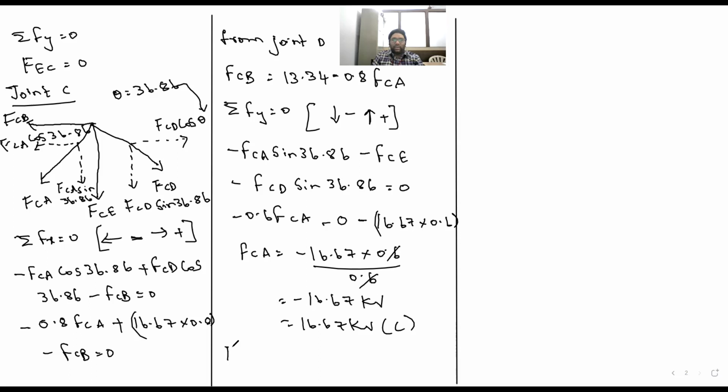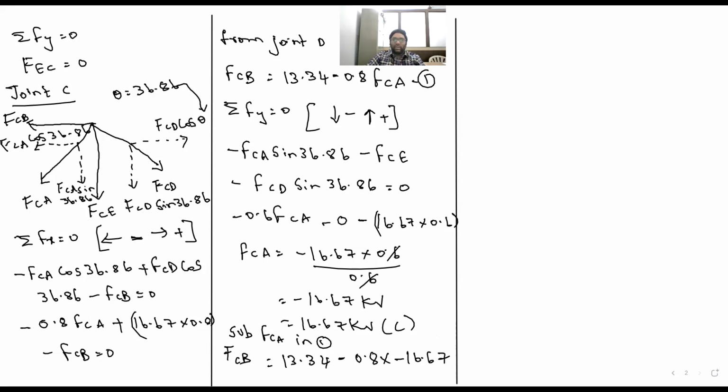Now FCB. So let us take it as equation 1 here. Substitute FCA in 1. So FCB is equal to 13.34 minus 0.8 into minus 16.67. Say the value of FCB.